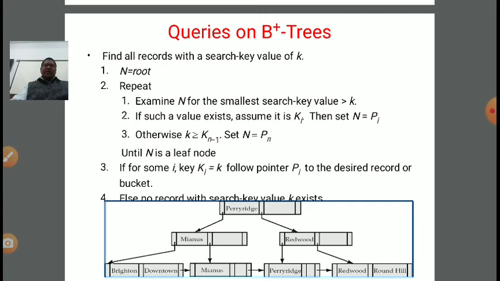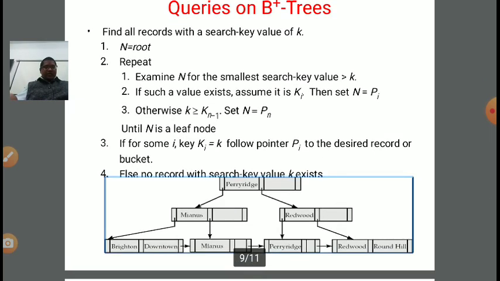Otherwise, k is greater than or equal to K of n minus 1, so set N equal to P of n, until N is a leaf node. If for some i, key K of i equals k, follow pointer P of i to the desired record or bucket; else no record with search key value k exists. These algorithm steps are self-explanatory. We just need to follow the step-by-step procedure, putting in the values, and we will get the query results.